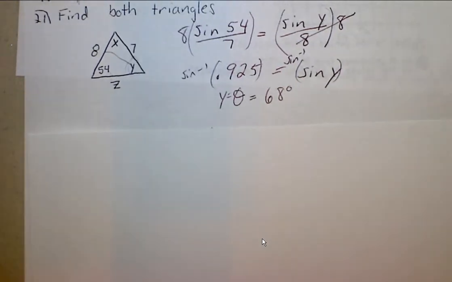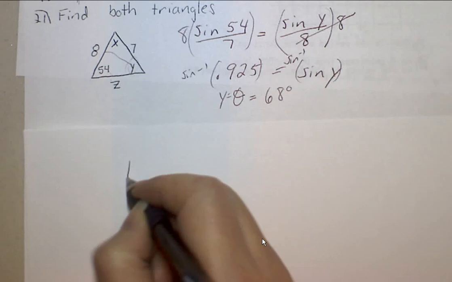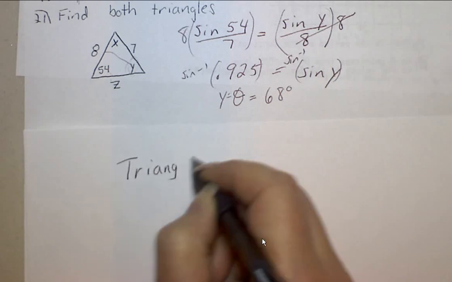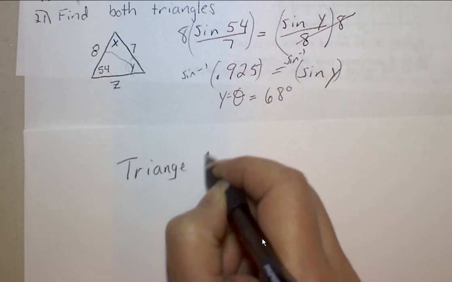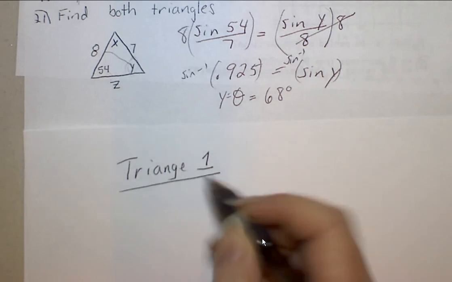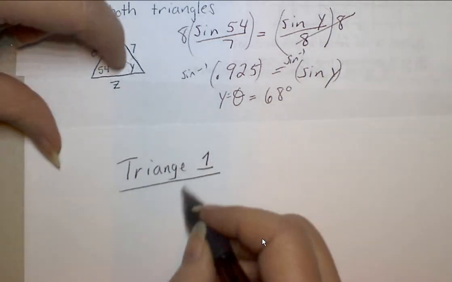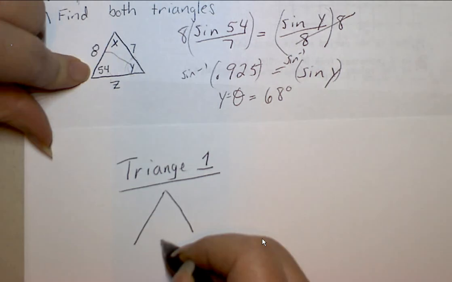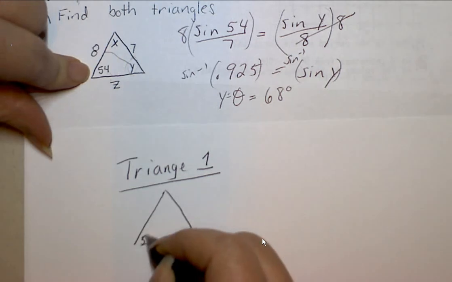So we have our triangle 1. Our first one we found was, x was given, so we have 54, or 54 was given.